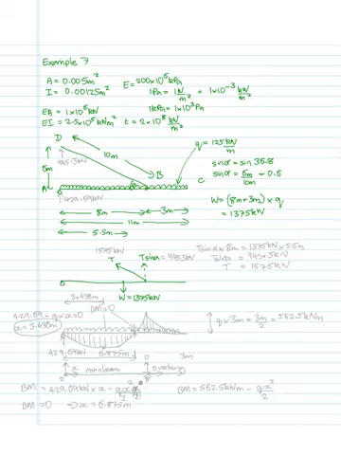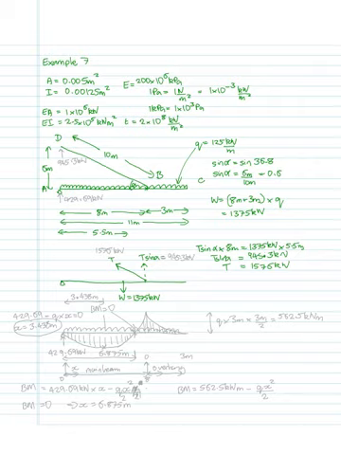So let's just take moments about A. So we get T sine alpha times 8 meters must be equal to 1375 kilonewtons multiplied by 5.5 meters, and that gives you T sine alpha is equal to 945.3 kilonewtons, and T is equal to 945.3 kilonewtons divided by 0.6, and that works out to be 1576 kilonewtons.